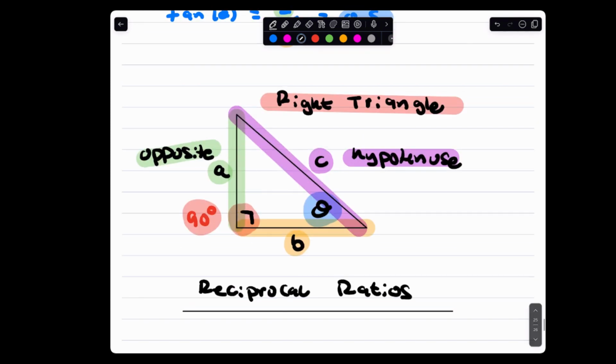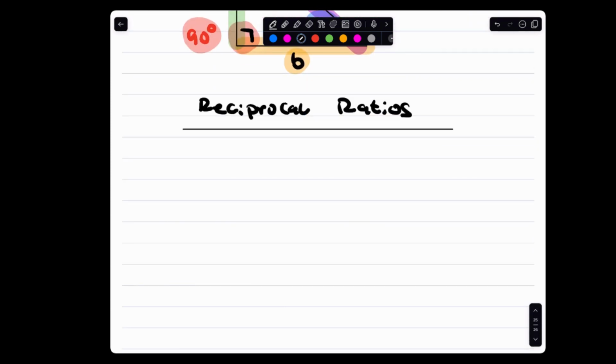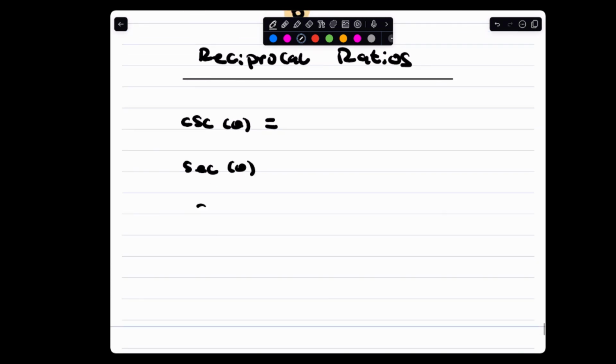Okay, so the first reciprocal, I'm going to say, is cosecant. And then you have secant. And then you have what's called cotangent here.